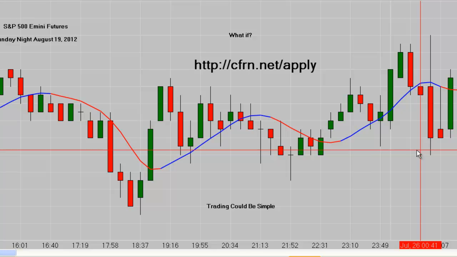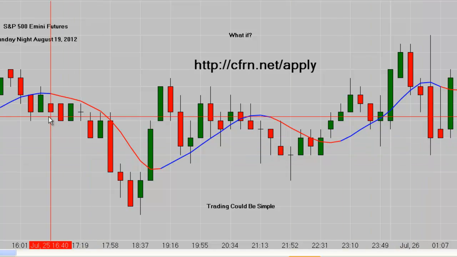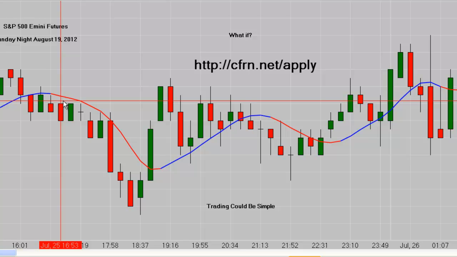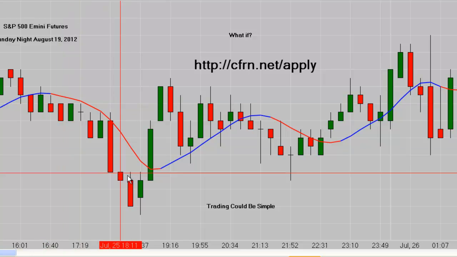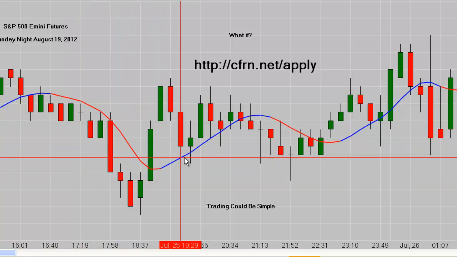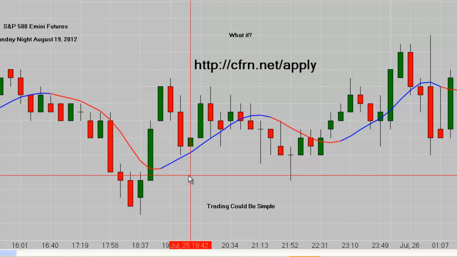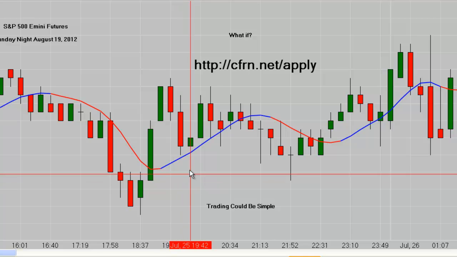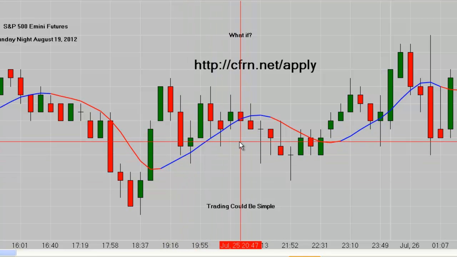When price gets on the south side of the MA1, that's sort of our heads up that it will probably change to red. When price gets on the north side of the CFMA1, then we have a heads up that it's probably going to turn blue.